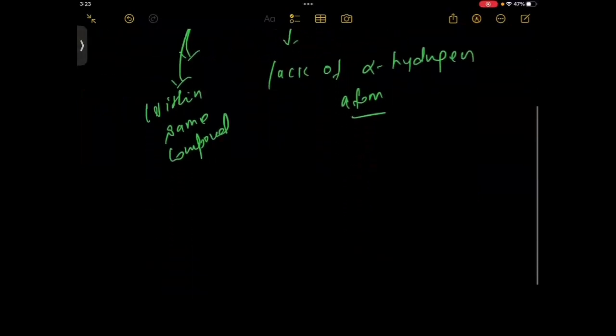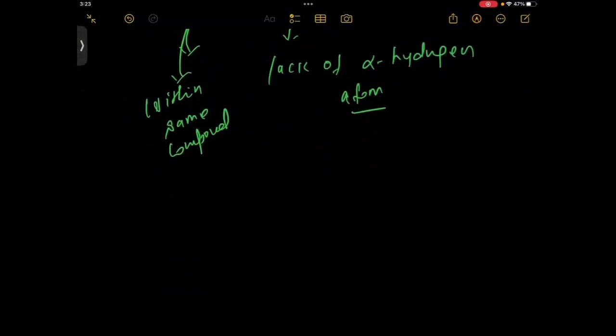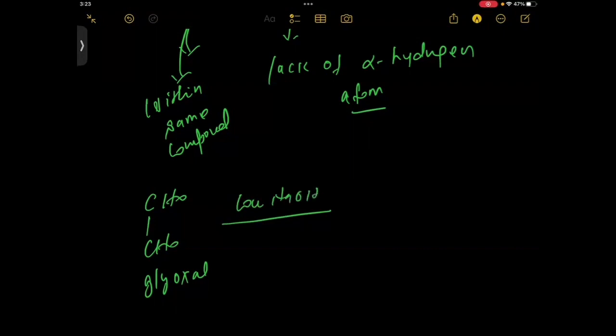Let's understand through an example. I take one example, glyoxal, CHO-CHO. When glyoxal reacts with conc. NaOH, what will happen? One part will be oxidized, the other part will be reduced.